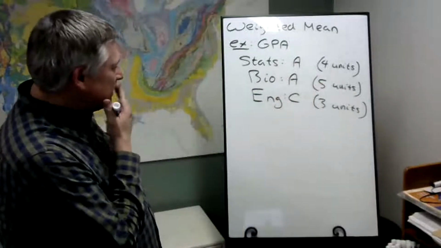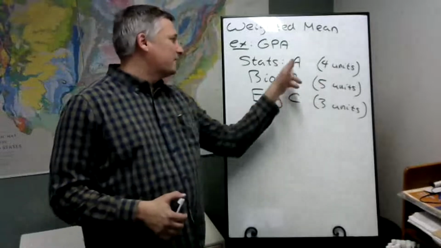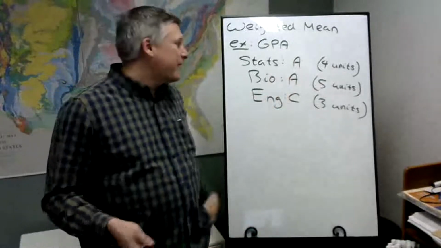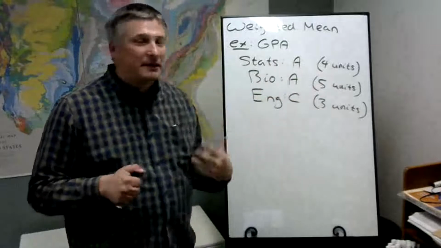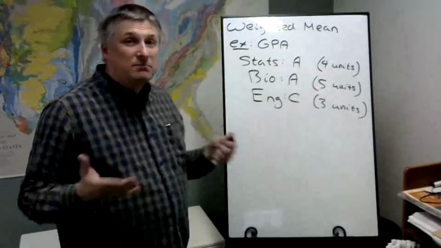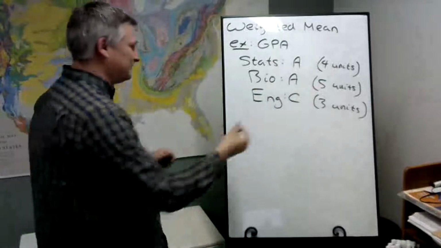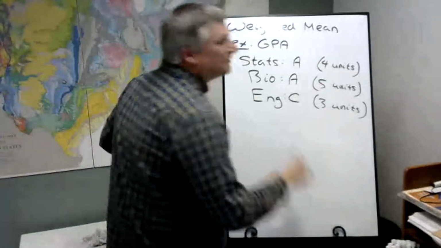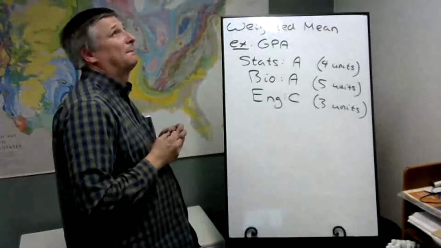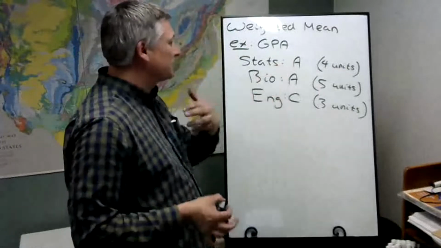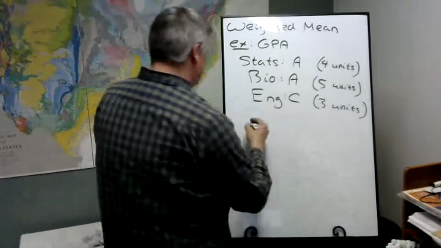So what we need to do, though, is convert this to numerical data. And we've talked about this before. You can have ordinal data, and we can convert it into numerical.